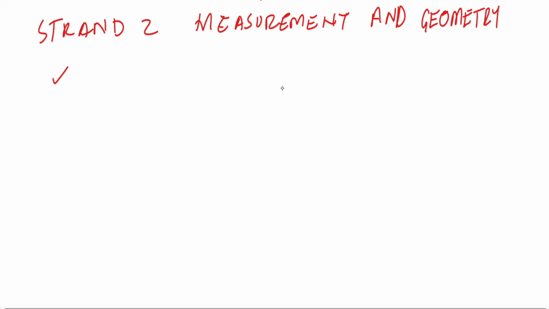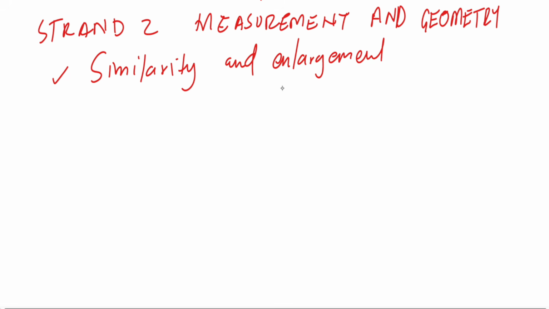So you have a topic on similarity and enlargement. That is a new topic, but also not a new topic, because in grade 9 you were taught similarity and enlargement, but mostly in grade 9 it was about drawing.